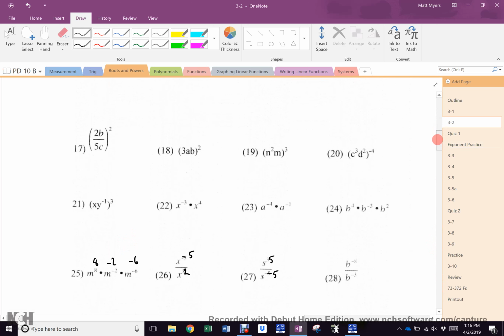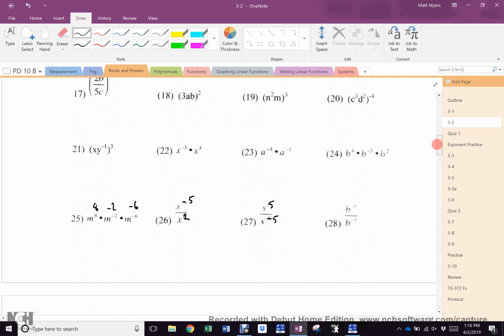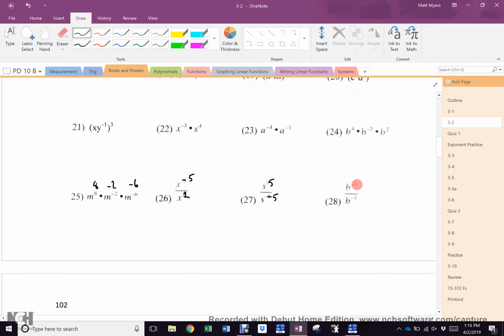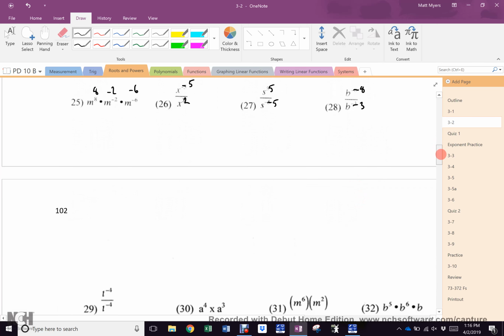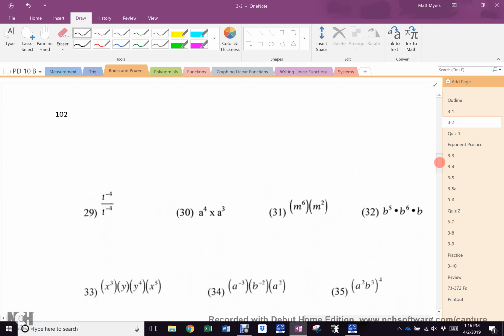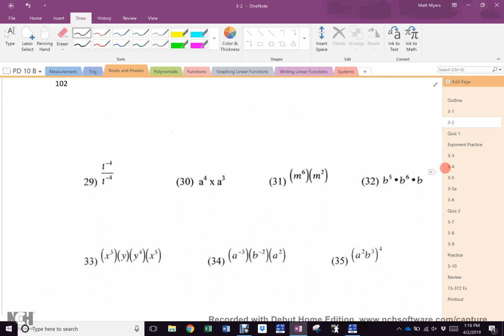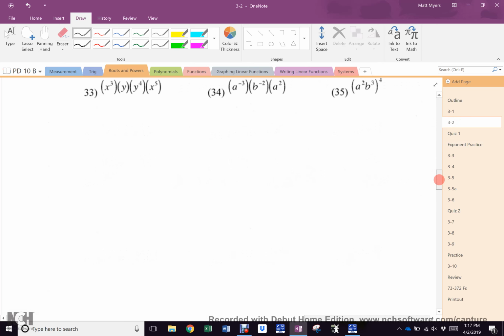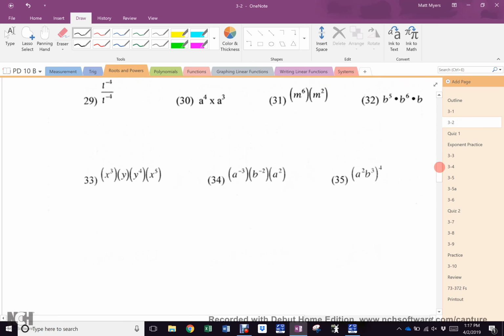The rest are all good? 23, 24, okay. 28 is negative 8, negative 3. Oh, and number 30 is A times A. It's not AXA. In a couple of minutes, we're going to do all of these right answers. Go.